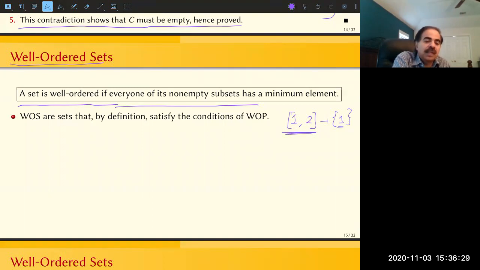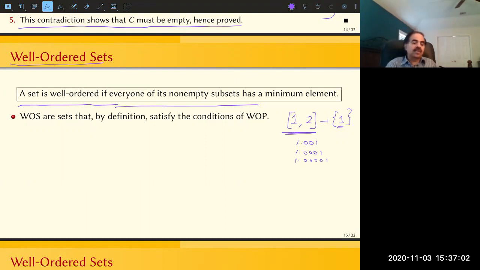So if you remove that 1, then what is the next minimum? It's undefined. Because if I say it's 1.0001, obviously there is something smaller than that, and then I can say the same again. There's no way to stop. No matter what element you give me, I can find something smaller than that.